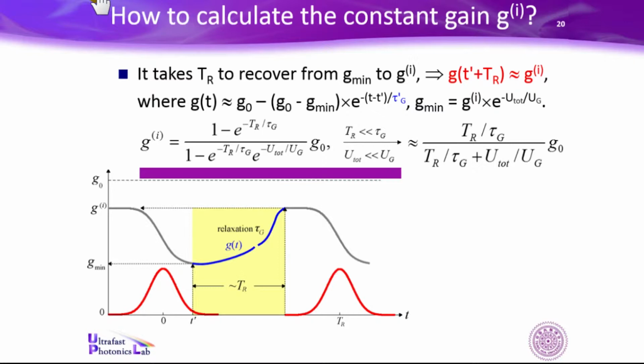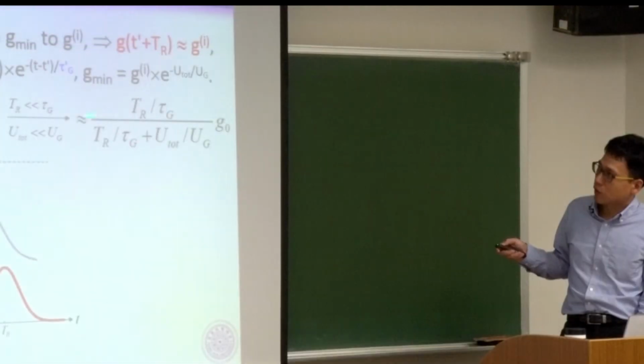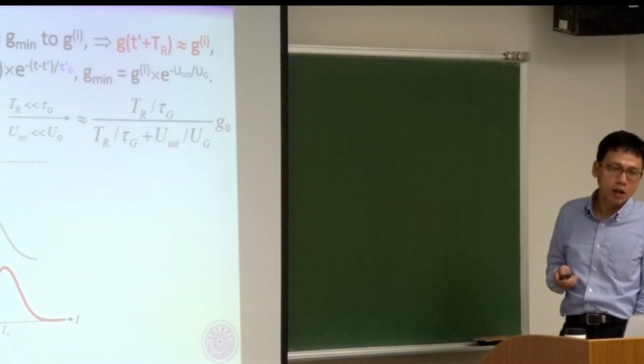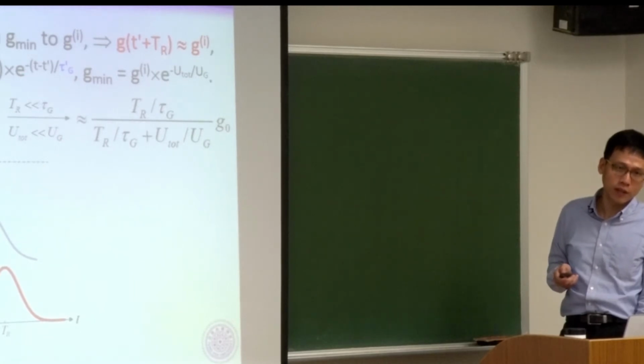For the denominator, you do a similar thing. The first term, you use first order approximation. Second term, also first order approximation. Then 1 minus 1 can cancel with each other. Only the two ratios are preserved in the denominator. So this is the result. The initial gain is approximated by an adjustment factor times G0, the small signal gain.